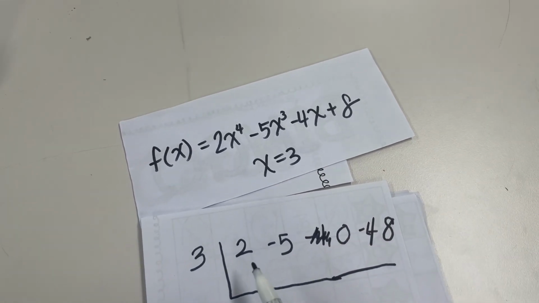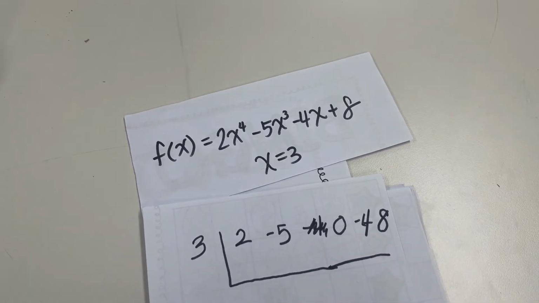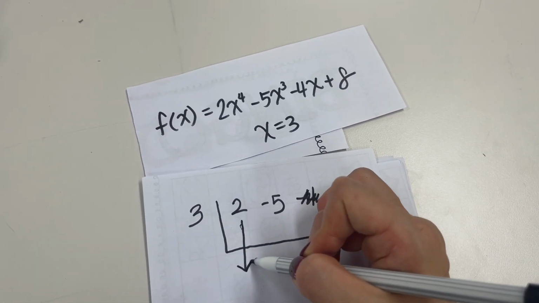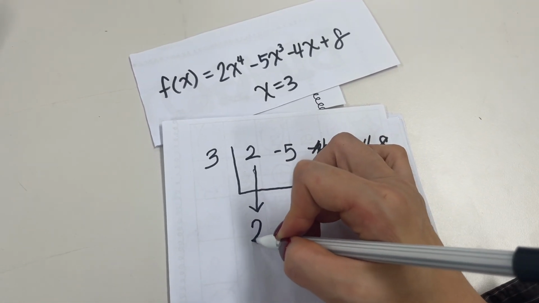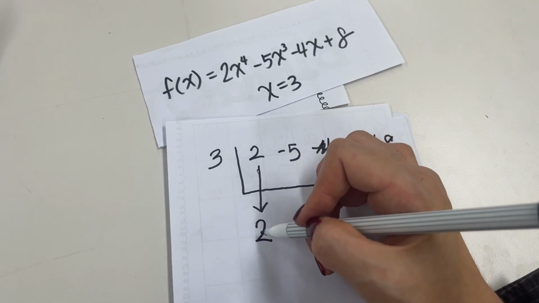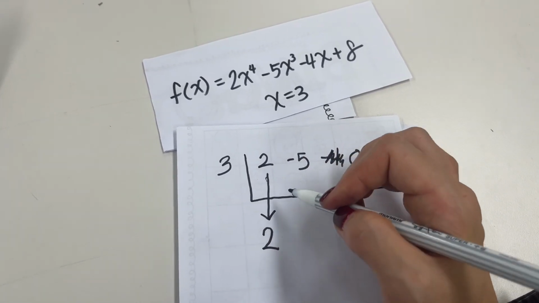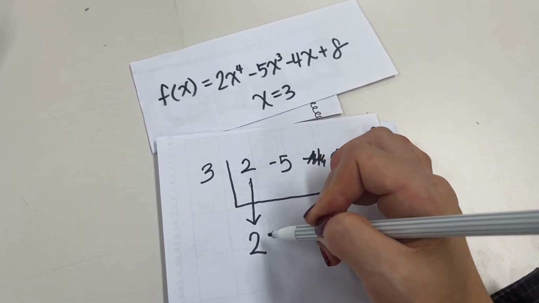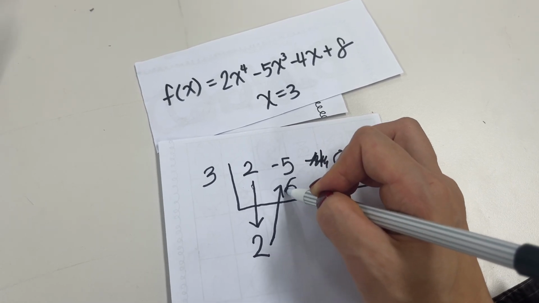So we put all of our coefficients in order, and what I do is I bring down the very first coefficient, our leading coefficient, so 2 comes down, and then we multiply the x value with 2, which is what we will be doing anyways, even if we're using direct substitution, right? We put it right over there.